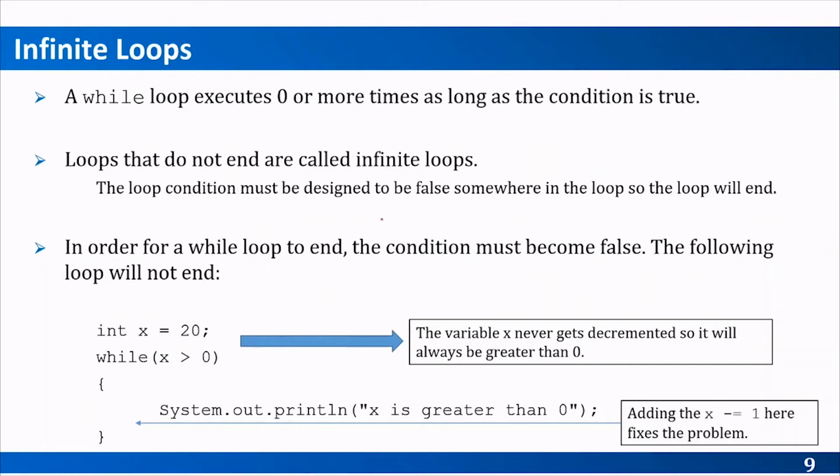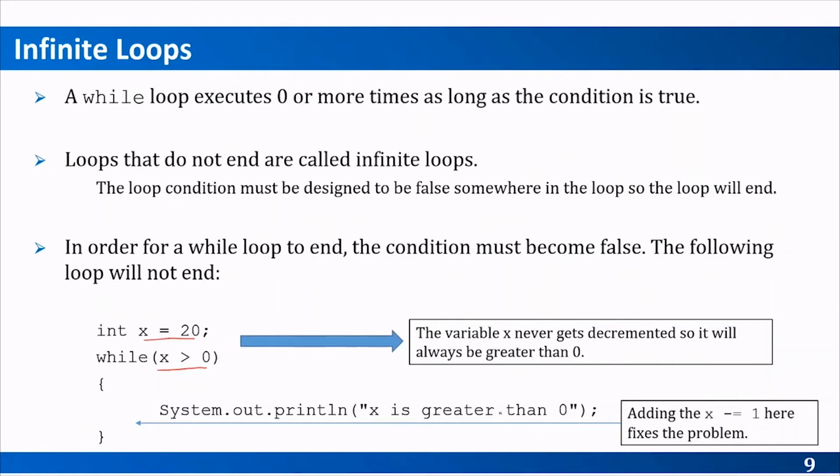So here, this is another infinite loop, where we initialize x to be 20, and then our condition is that x is greater than 0. So x is equal to 20, and here what we do is that we just print x is greater than 0, and in this case, x will always be greater than 0 because x has never changed. So 20 is always going to be greater than 0.